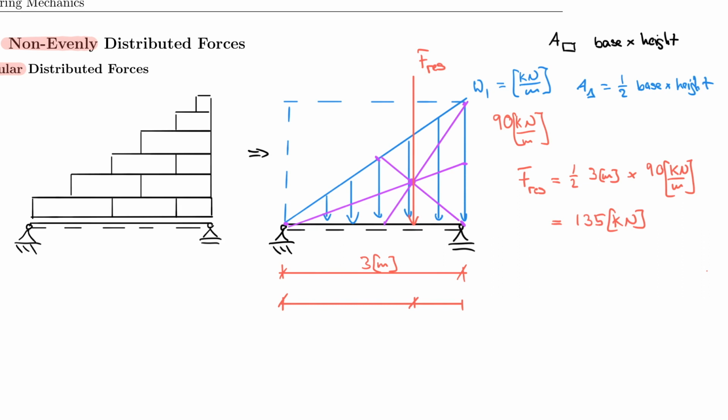So if, for example, this here would be equal to L, the 3 meters, then I will find that this here would be 2/3 times L, which of course is equal to 2 meters in this case. And the other side would be equal to L over 3, which is equal to 1 meter in this case. A very simple example, but it gets the point across.